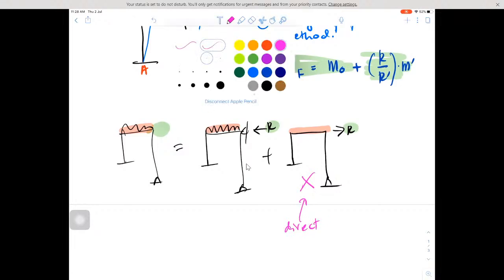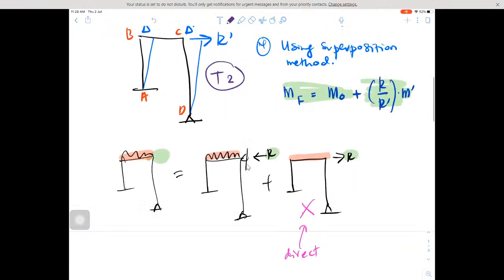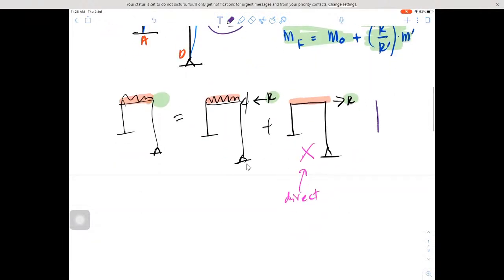So what we are going to do is analyze an artificial one. The same frame, but subjected to R prime, so here will be delta prime.